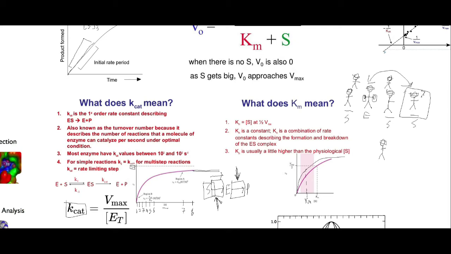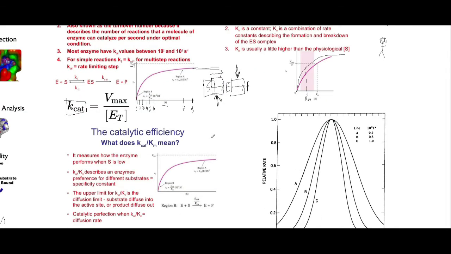How often you two actually run into each other in the room is what's actually going to be rate limiting in how often one of your punches connects with somebody. And so that's my silly little analogy here for thinking about enzyme kinetics.